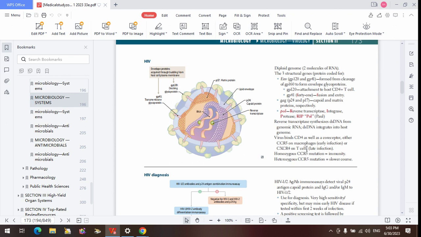I want to say to you guys that CD4 is also present on macrophages. There are actually many markers, but CD4 is part. So that is why HIV can infect macrophages. If they don't have CD4, they will not be able to infect them.